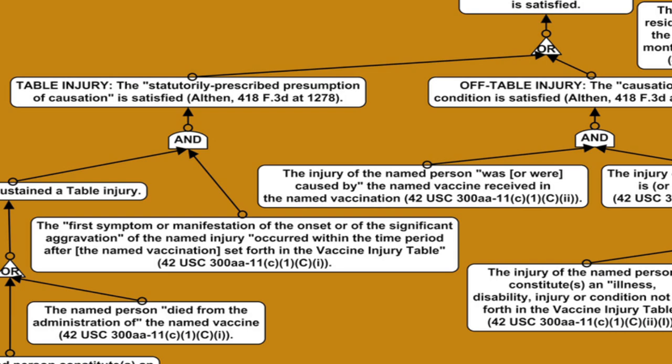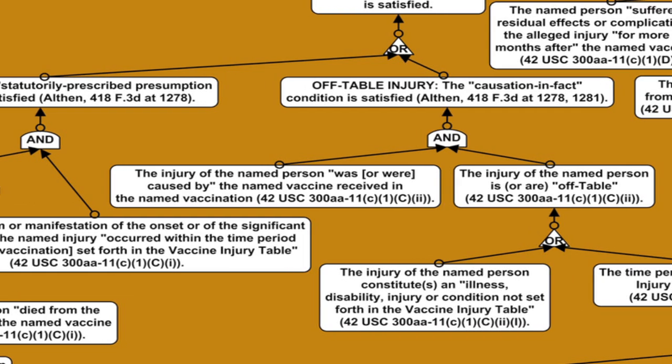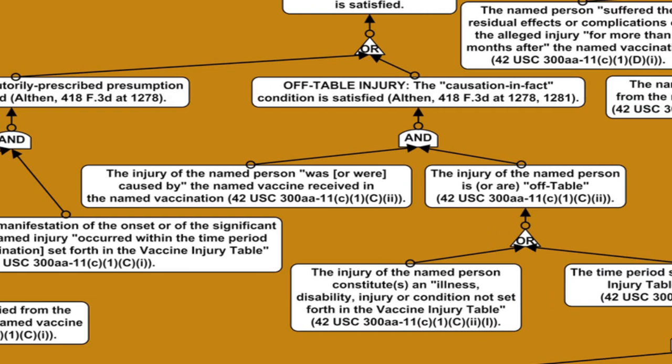In the alternative, the petitioner may try to prove what is called an off-table injury, which the lead case of Althen in the Federal Circuit refers to as the causation-in-fact requirement. This branch of the tree is the focus of the vaccine injury project undertaken by the research lab.